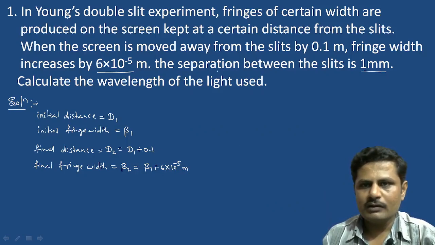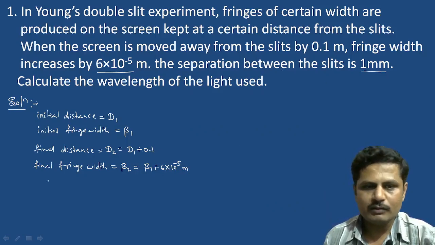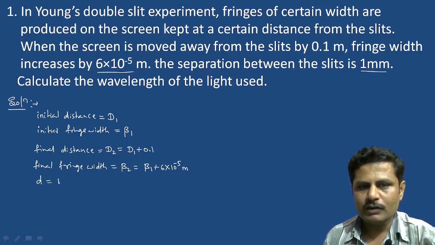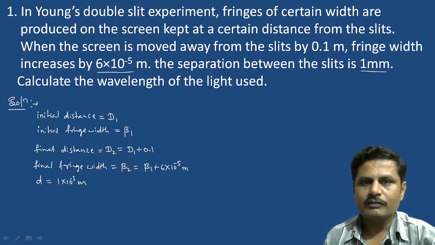And we have a separation between the slits that is constant. Let it be small d, that is 1 mm, 1 into 10 raised to minus 3 meter. We need to calculate the wavelength of the light used in this experiment.